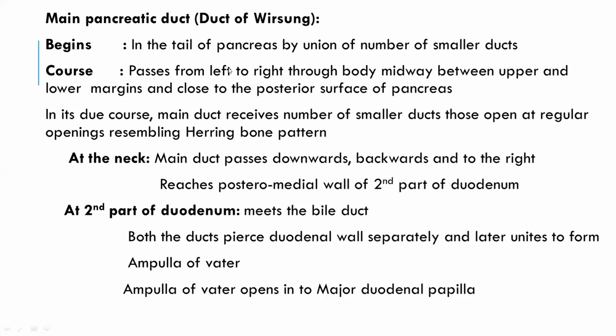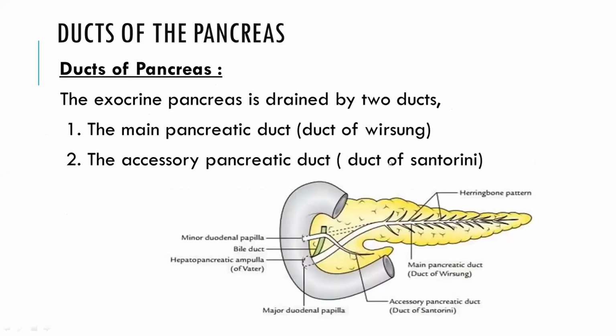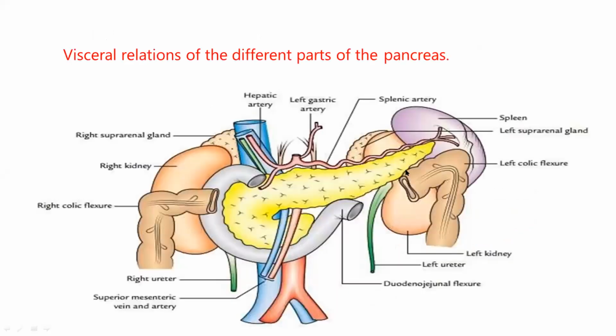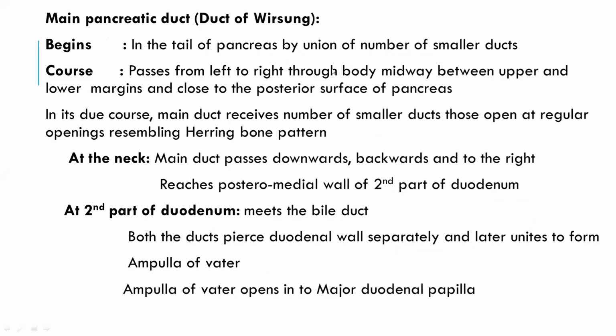If you see the course, it passes from the left to the right side through the body, midway between the upper and lower margins, and it lies close to the posterior surface of pancreas. You can see here it passes from left side to right side, and it begins within the hilum of the spleen, that is the tail part.